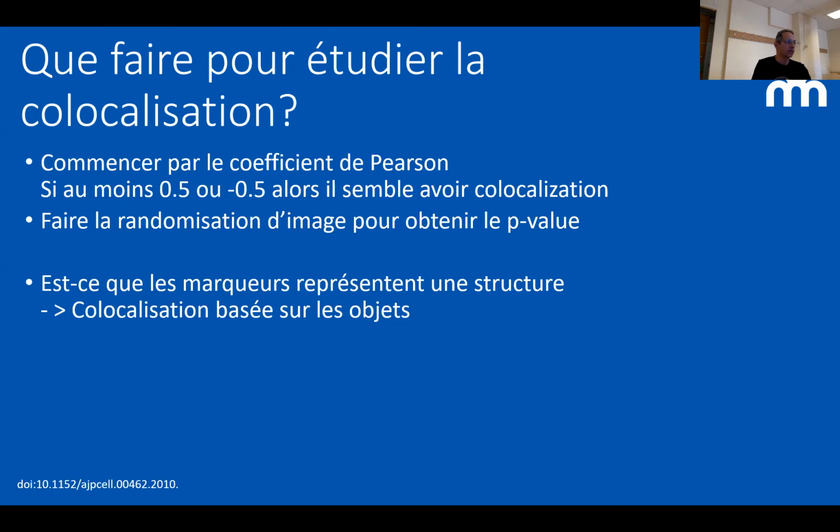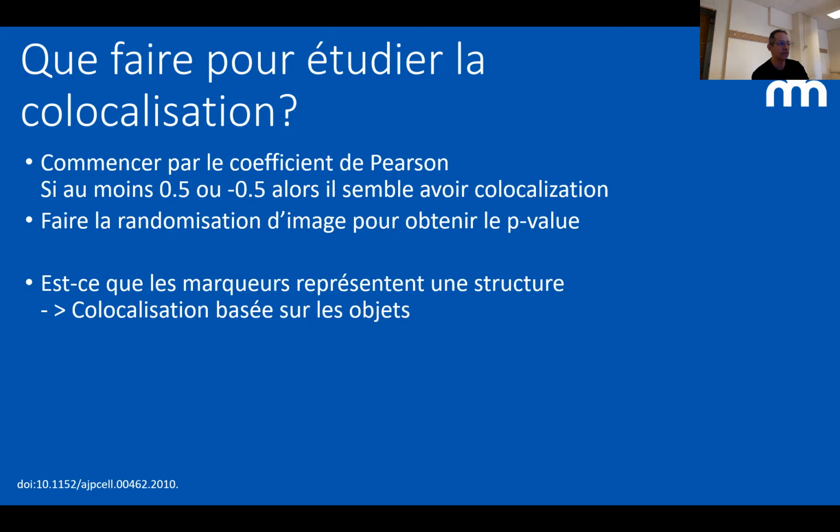I suggest to start with the Pearson coefficient because it's very easy to get as a number. So you use the Pearson coefficient first and look for values that are higher than 0.5, because a low coefficient has little meaning. So if you have higher than 0.5, then you can look deeper into the analysis.